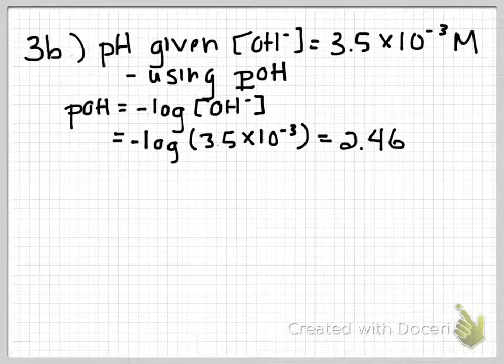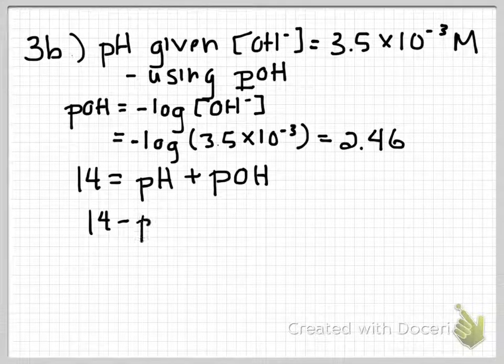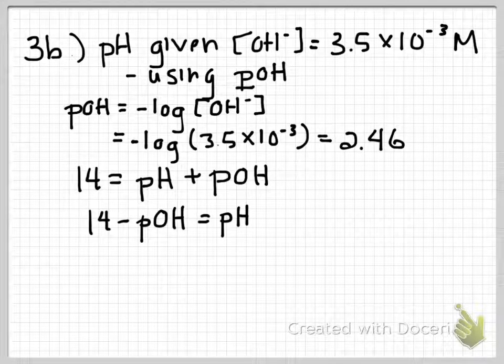So we also have a relationship, and this also comes from the Kw expression. It's just another way of looking at it. That 14 equals pH plus pOH. So if I want to calculate pH, I can take 14 minus the pOH, and that will give me my pH.